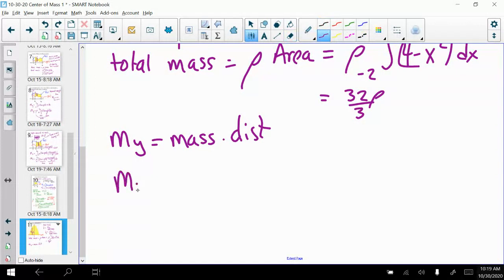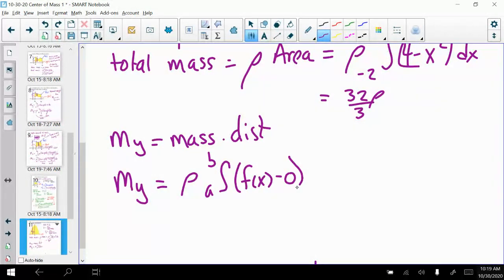So my moment about y is rho times the integral from a to b. To get mass, I need area times rho. So area was f of x. There's no g of x to subtract, minus 0 if you wish. And distance is just x. Yes. It's like f of x minus g of x times x. And then this one, I think we come out with a very exciting value of 0.